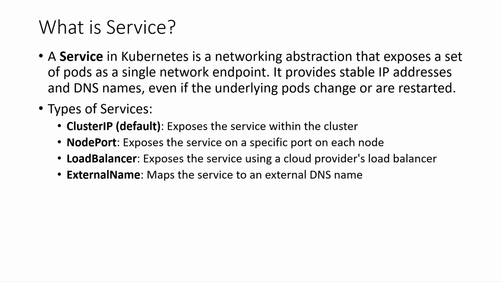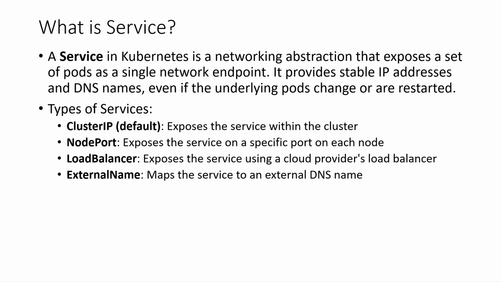How is it going to maintain it? The replicas will have three different IP addresses for each container, right? So they are going to merge and generate a single IP address, like a load balancer. Okay, so the networking abstraction exposes the set of pods as a single network endpoint.